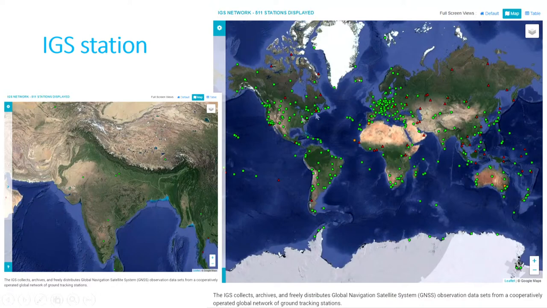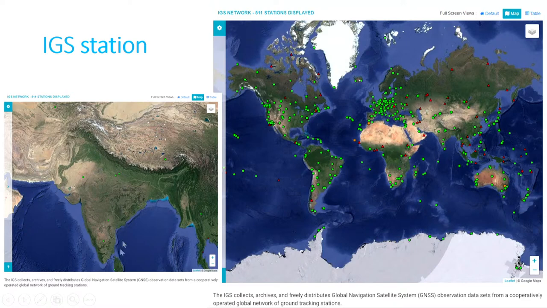These are the IGS stations which I was talking about yesterday. You can see these are the IGS stations available in Indian territory: Jodhpur, Lucknow, Kanpur, Hyderabad, Bangalore.